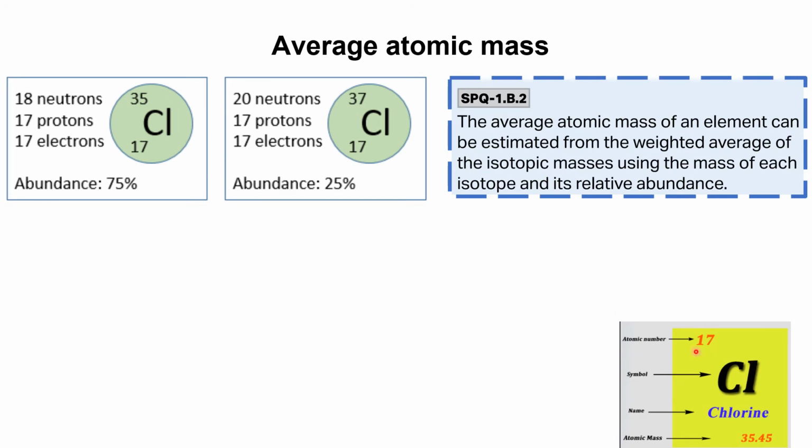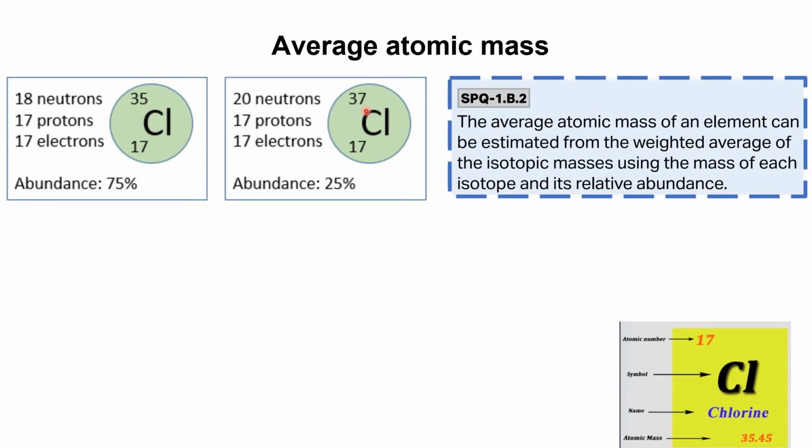Whenever we see a periodic table, if we talk about chlorine only, the atomic mass mentioned is 35.45, but actually the mass numbers of the isotopes are 35 and 37. So the actual atomic mass mentioned in the periodic table is different from these two.